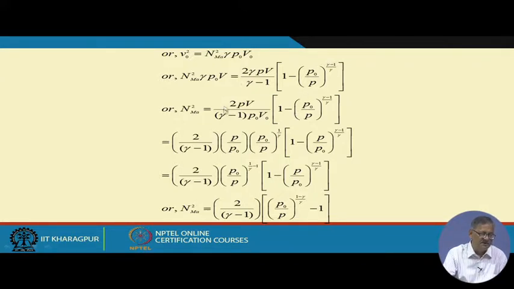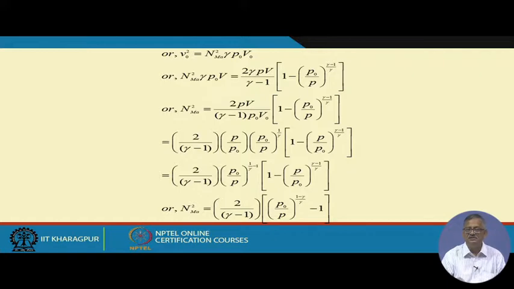So, this on simplification can be written that NMA square is equal to 2 PV by gamma minus 1 into P0 V0 times 1 minus P0 by P to the power gamma minus 1 by gamma, right. On simplification we can write NMA square is equal to 2 by gamma minus 1 into P by P0 into V by V0, which can be substituted as P0 by P to the power 1 by gamma, because PV gamma is equal to constant.